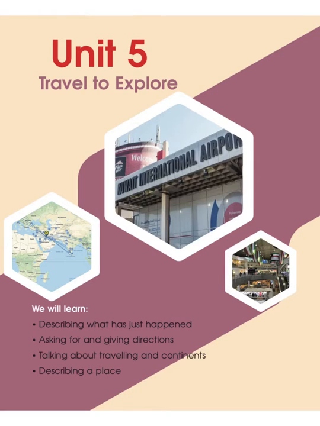We learned all about the airport, what's inside an airport, what we need to travel, how can we travel, and we described all things inside an airport, and we learned how to ask and give directions. We talked about traveling and continents and places.